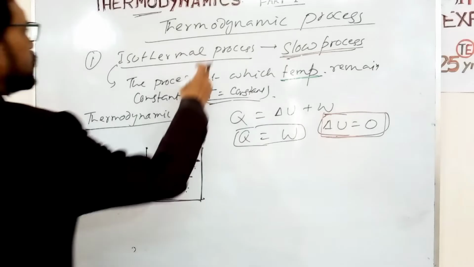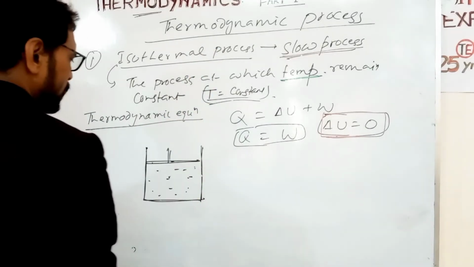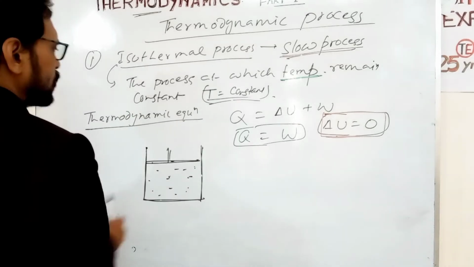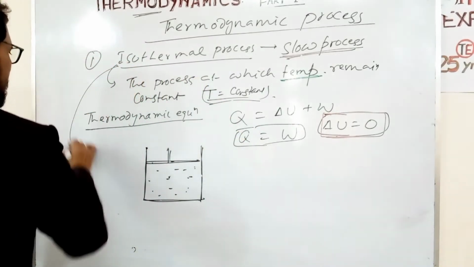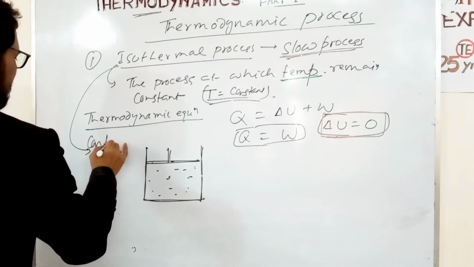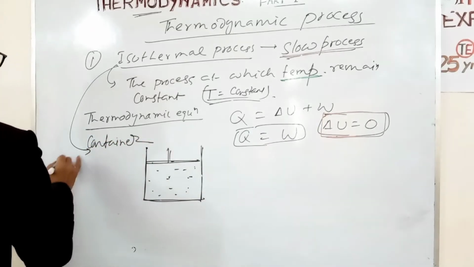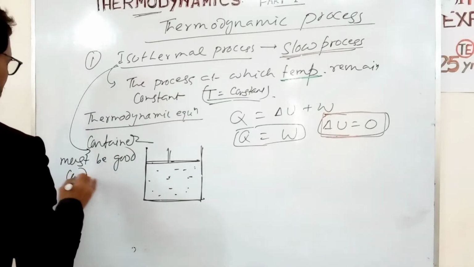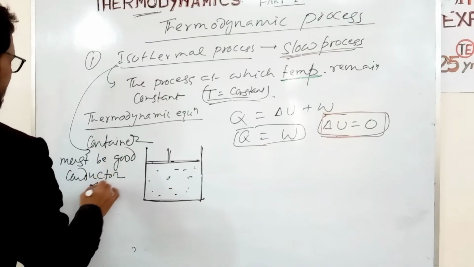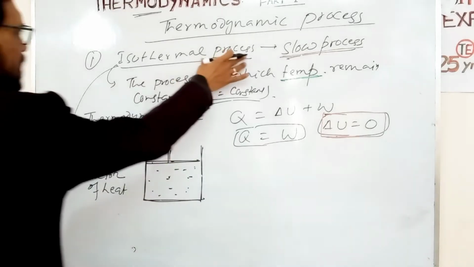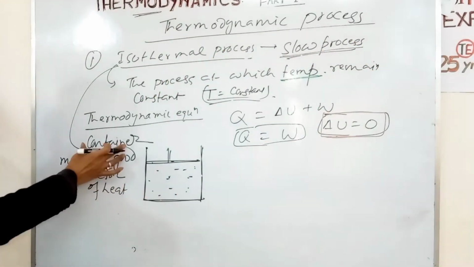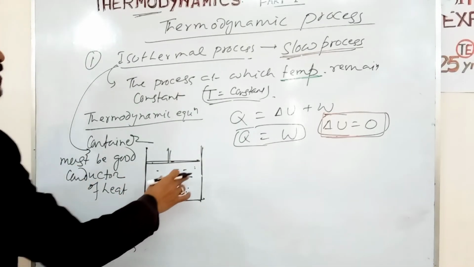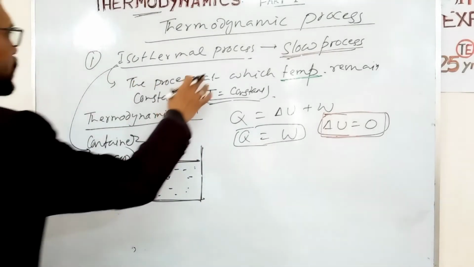To maintain the isothermal process, the container must be a good conductor of heat. So the isothermal process is slow, and our container must be a good conductor of heat.